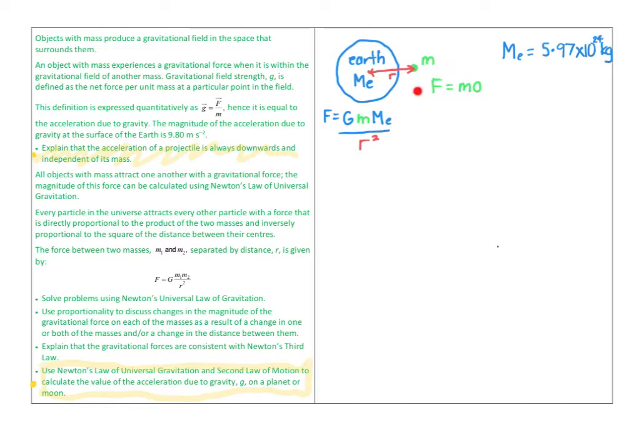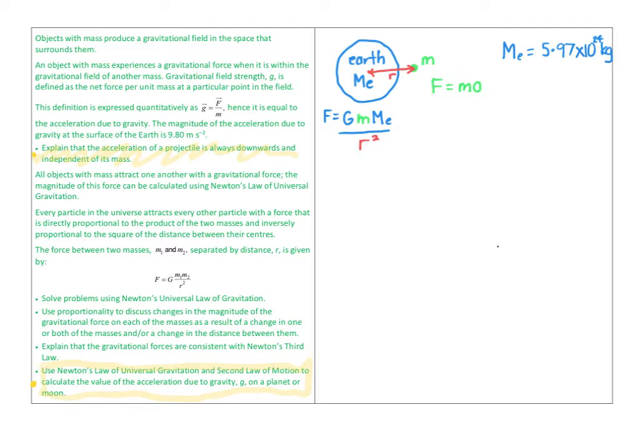So the force this object experiences is equal to mass times acceleration. And that force is coming from gravity, and that is given by G, the gravitational constant, times the mass of the object times the mass of the Earth, that's the product of the masses, divided by the radius squared.